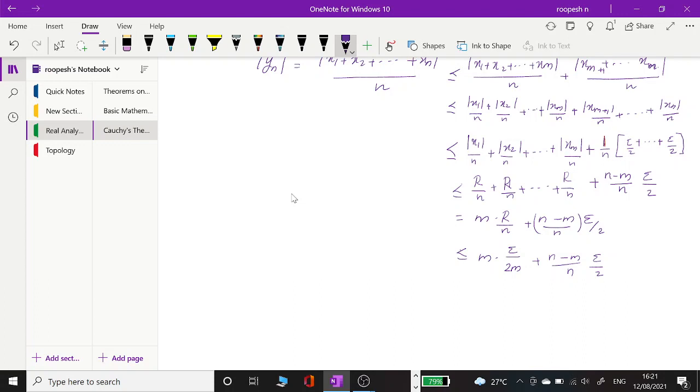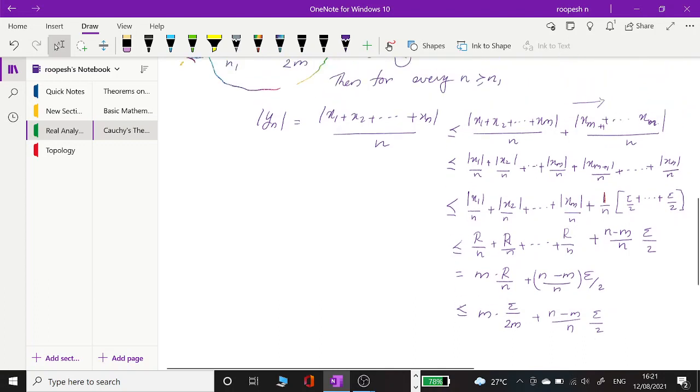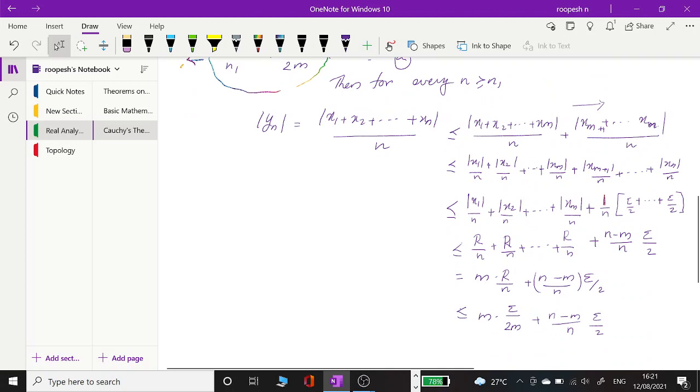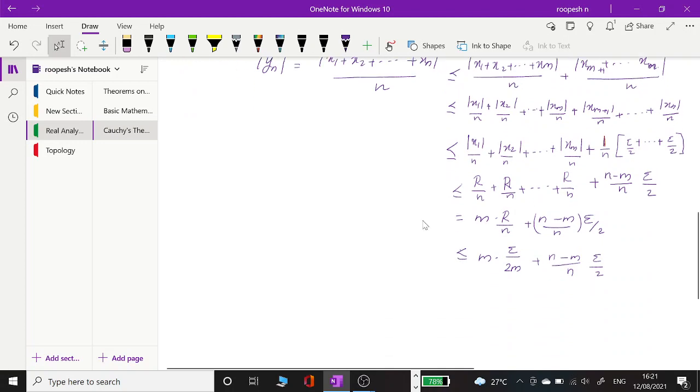So what will it reduce to? M times r by n, so that r by n epsilon by 2m. Now this quantity is equal to epsilon by 2 plus n minus m by n.